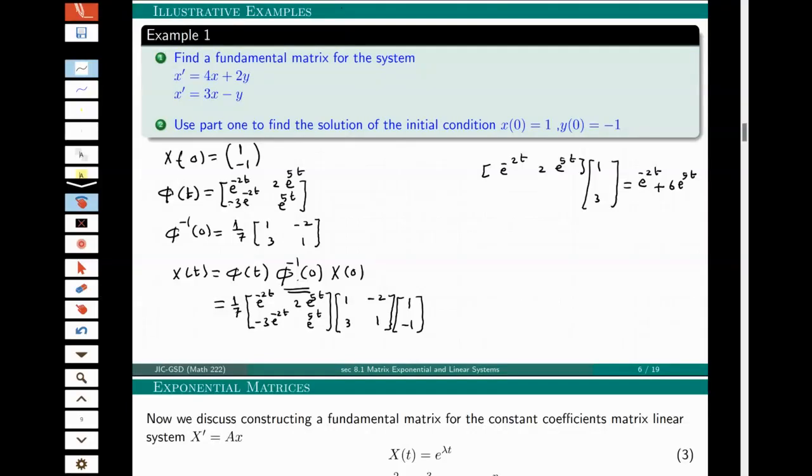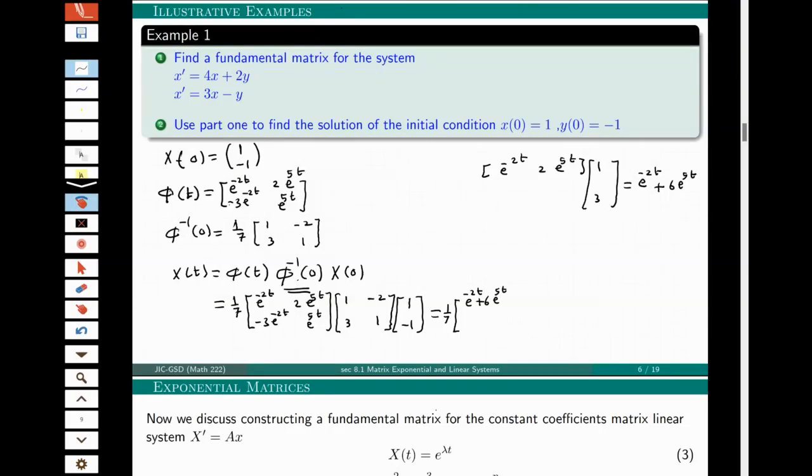So the first entry is e raised to the power minus 2t plus 6e to the power 5t.